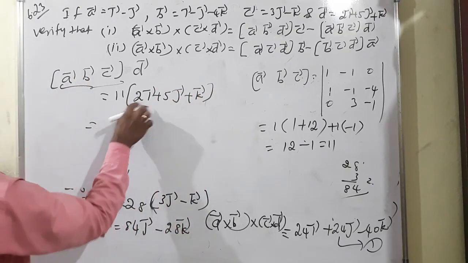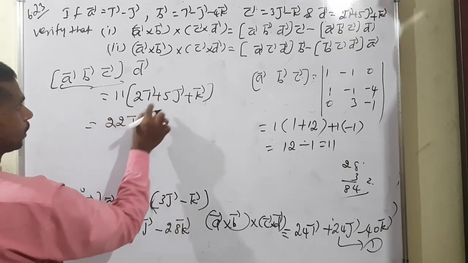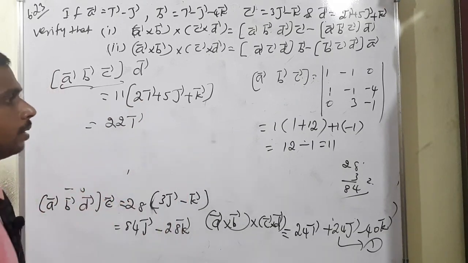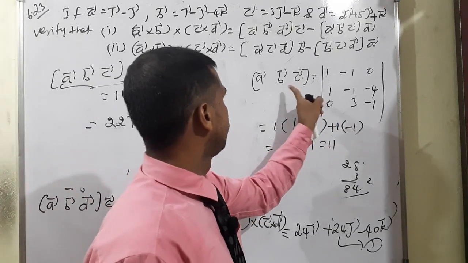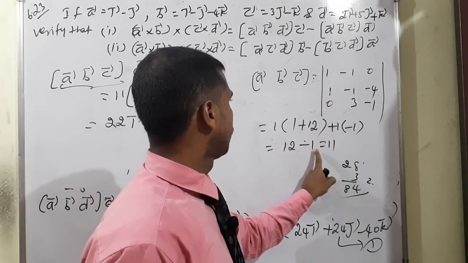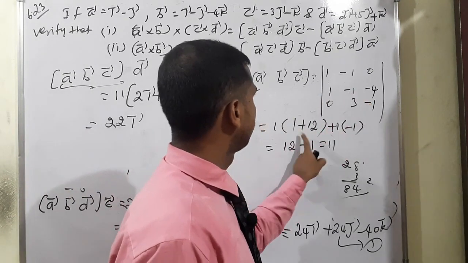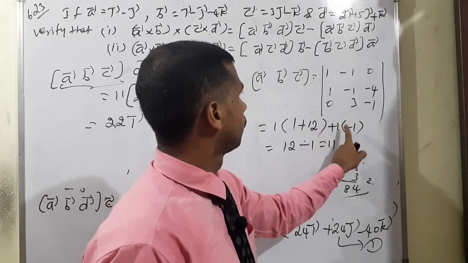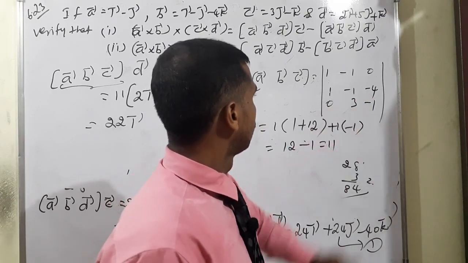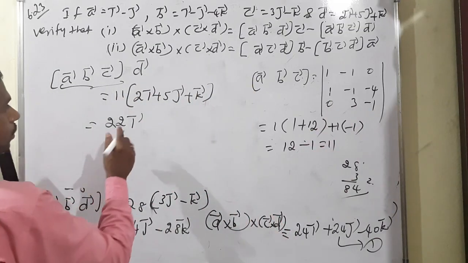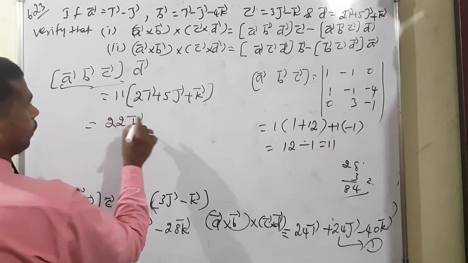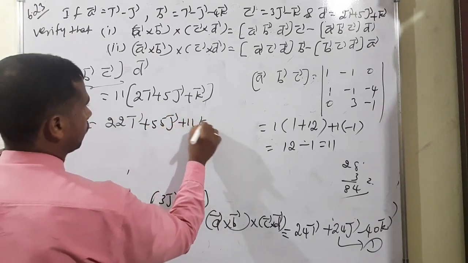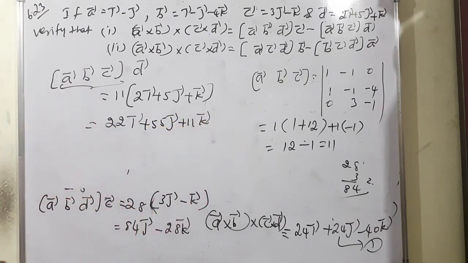So 11 into 2 is 22i, 5 into 11 is 55. Just to check it, dear, this is ABC: we have 12 minus 1, minus 1 into 1, so positive 12. So check it. 2 into 11 is 22, 5 into 11 is 55j plus 11k vector. This is minus, isn't it?